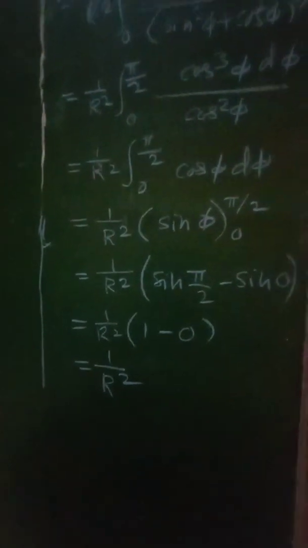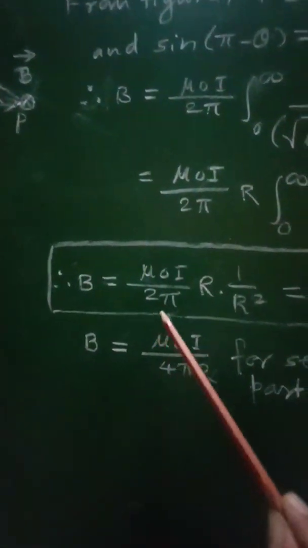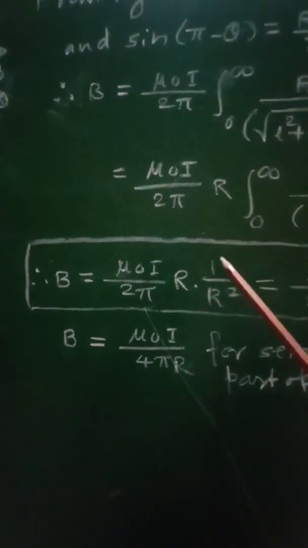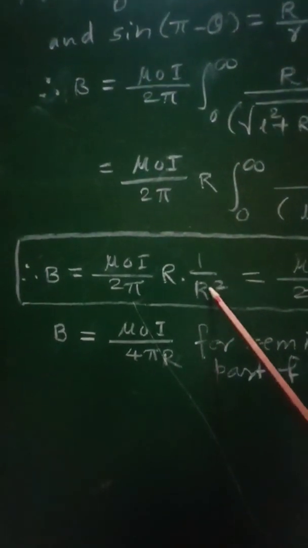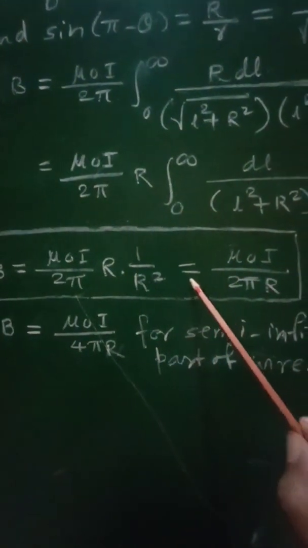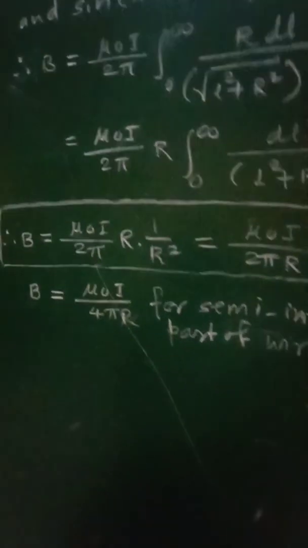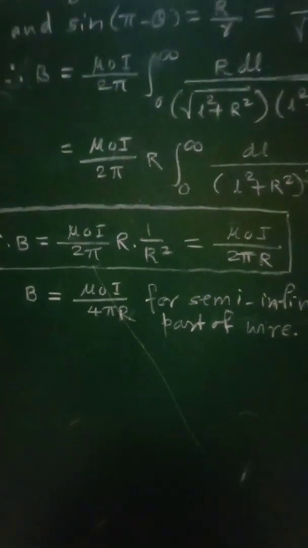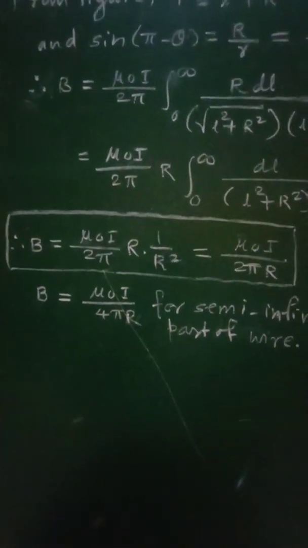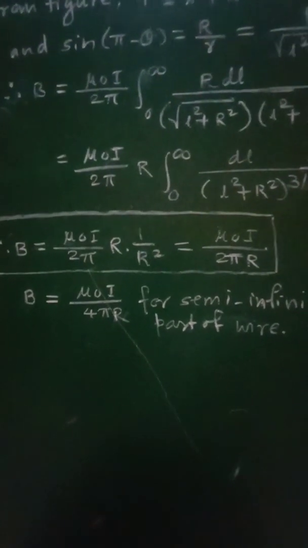So that whole integration has its value equal to 1 by R², and therefore we can write B equal to mu 0 I R upon 2 pi into the value of that integration, 1 by R². R will get cancelled here, and therefore we get mu 0 I upon 2 pi R. So this equation represents the magnetic field at any point due to that current carrying infinitely long straight wire.